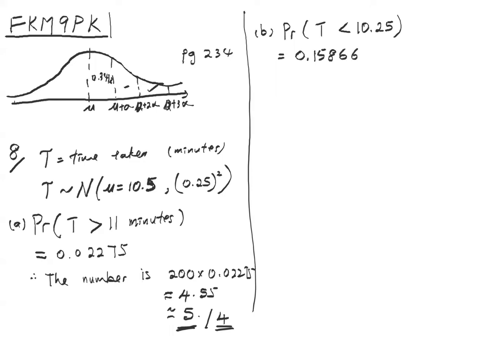Okay, so therefore the number will be just times by 200, right? So you got 31.73. So approximately 32. Okay, you just round accordingly.